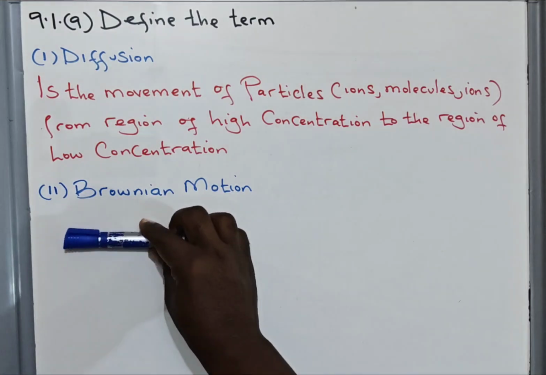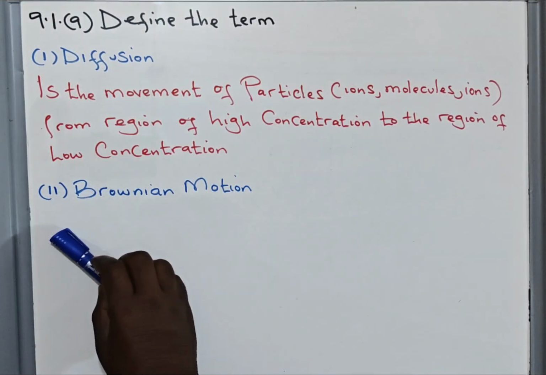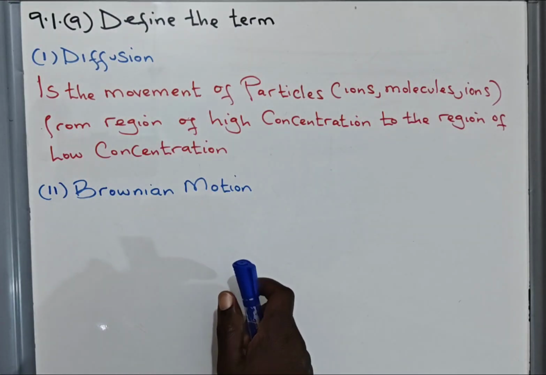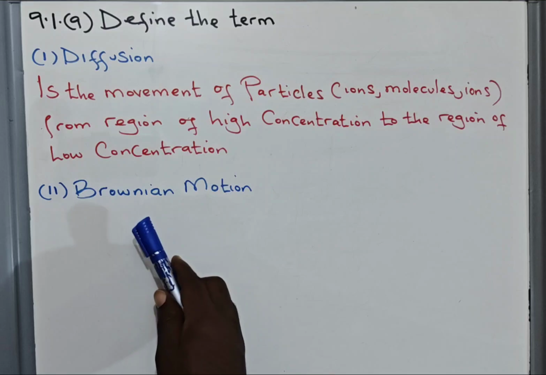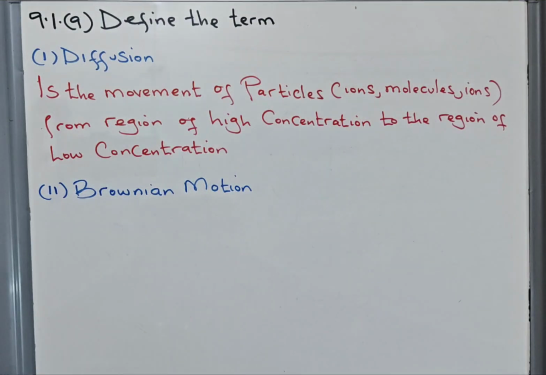Then we come to this one. Define the term Brownian motion. This was put forward by Robert Brown after observing how the particles were behaving. So what is it? It is the random motion of the particles which are suspended in a medium.